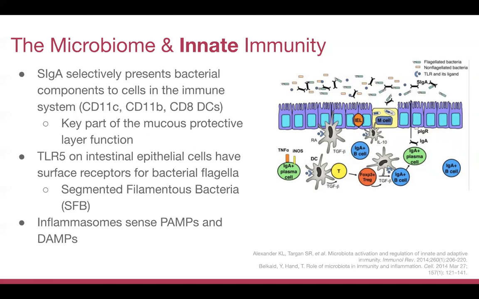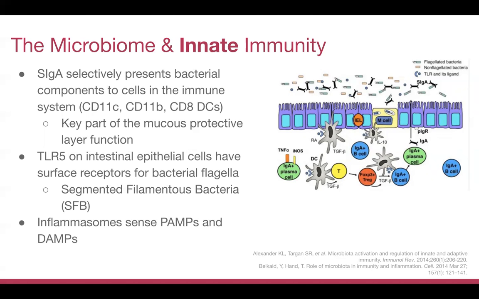Toll-like receptor 5, or TLR5, provides local immunity by attracting neutrophils and macrophages, et cetera. It also secretes cytokines. This is expressed on the basolateral surface of intestinal epithelial cells. It's the surface receptor for flagellin, that structural component of bacterial flagella.